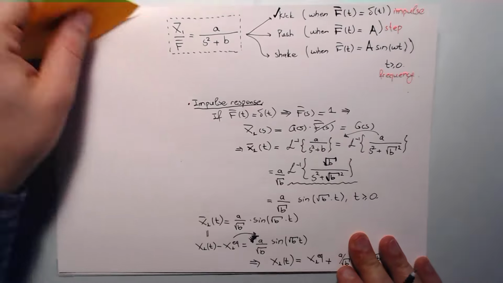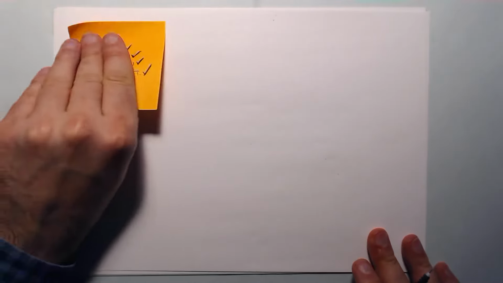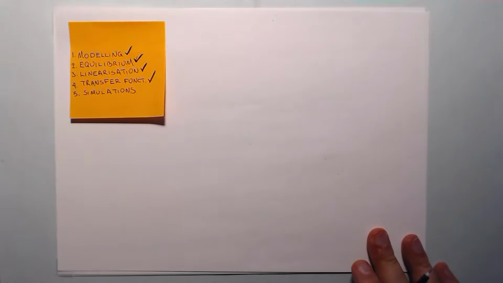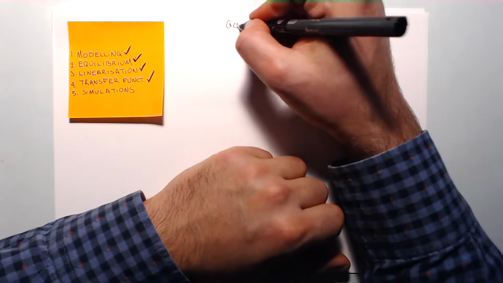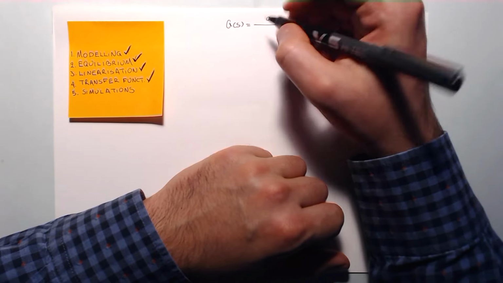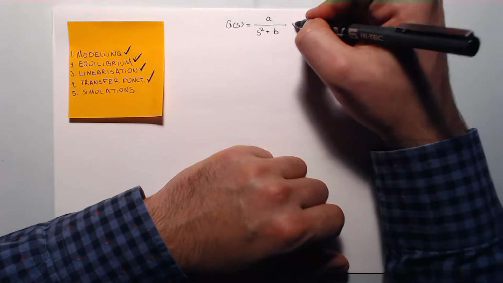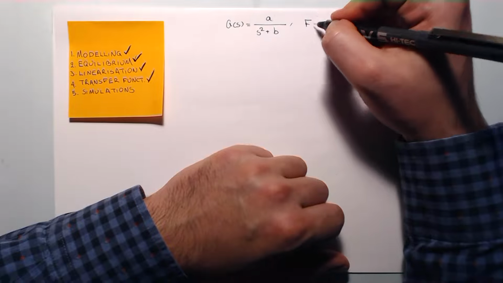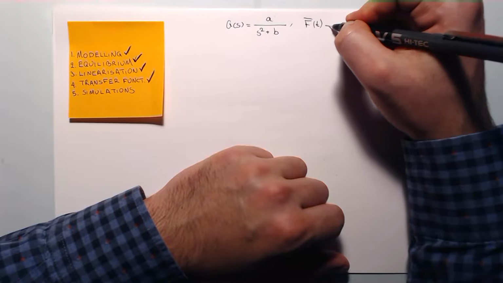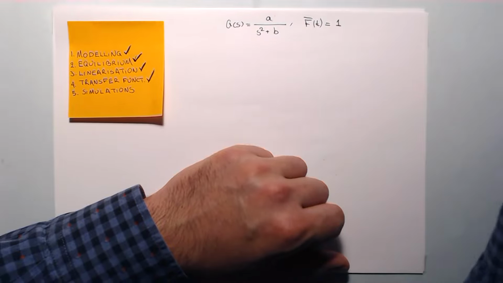Now let's push it. But these things now are just applications of the inverse Laplace transform. So you will see when we push the system, it is nothing more complicated. Again, this is the transfer function of the system. When we push it, we want to see what happens when the force in the time domain is equal to 1.